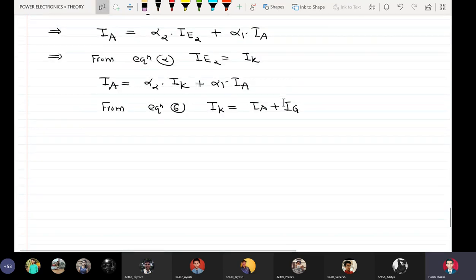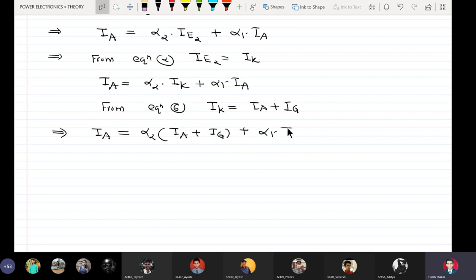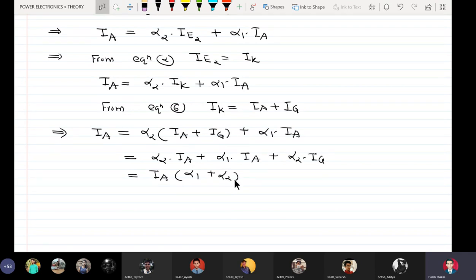So finally we can write down IA is alpha 2 into (IA plus IG) plus alpha 1 into IA. This is equal to alpha 2 into IA plus alpha 1 into IA plus alpha 2 into IG, which is equal to IA into (alpha 1 plus alpha 2) plus alpha 2 into IG.